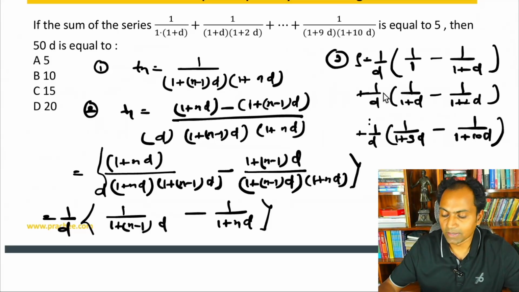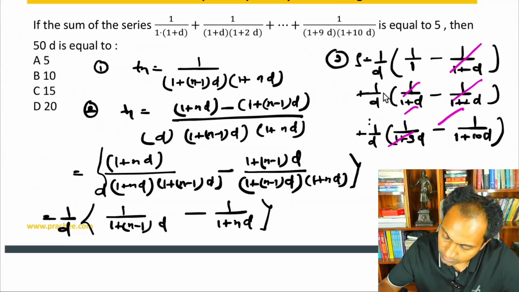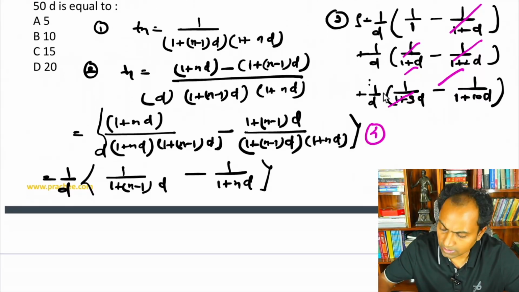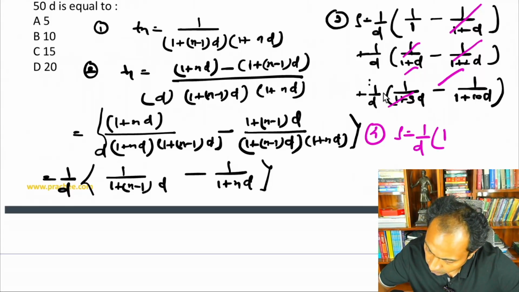So we have done till this term. Now we can see that alternate terms will get cancelled out. So these terms will get cancelled out. This will be the pattern. And in the fourth step, we will be able to write the answer. The answer comes out to be nothing but 1 by d times 1 minus 1 upon 1 plus 10d.